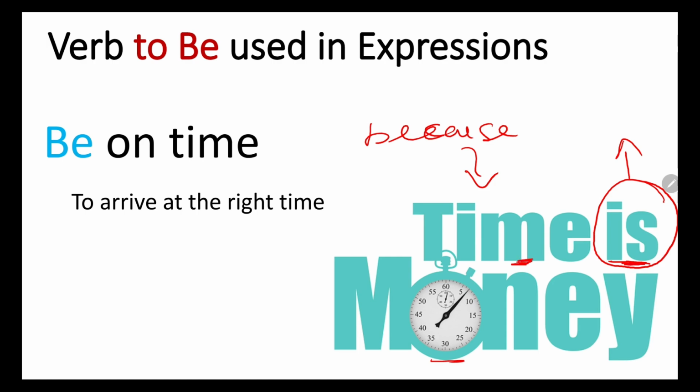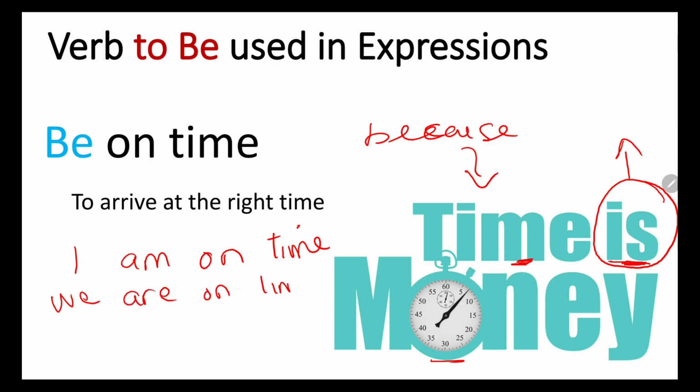Time is money. Okay? So be on time. You can say, I am on time. We are on time. Remember, the expression on time will not change, but the pronoun and the verb will change depending on what pronoun you use.